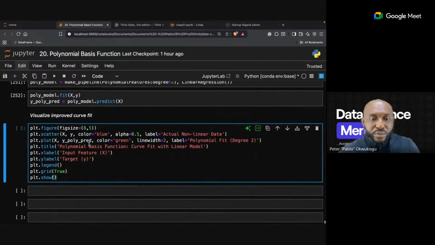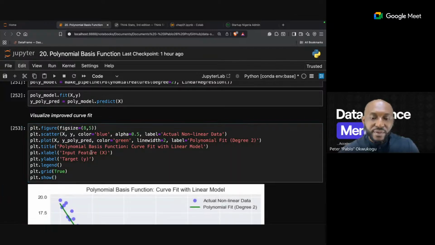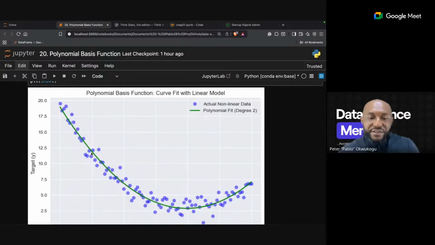Just like we had before, we have our x and y, in blue with alpha, the actual nonlinear data. Here we now have x and y_poly_pred, which is green with a line width. The label is polynomial fit with a degree of 2. Now you can see what we have here.